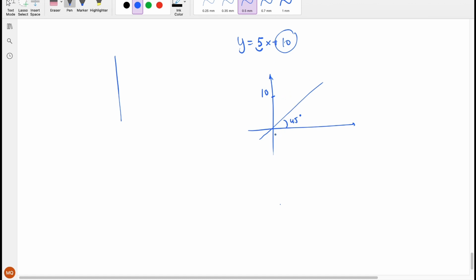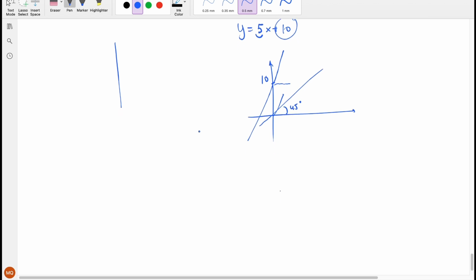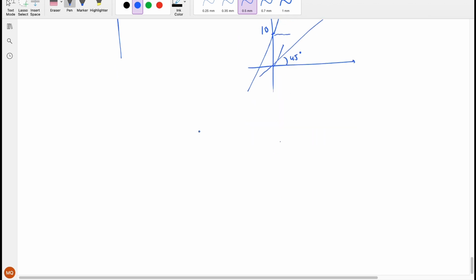But when it is greater than 1, it will be something like that, so it has a greater angle than 45. And when it is negative, it has to go down. I think you already know this part.